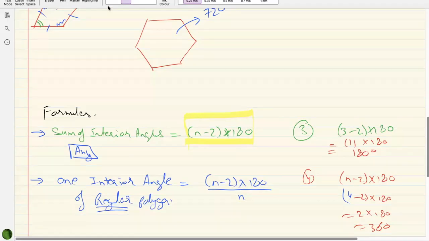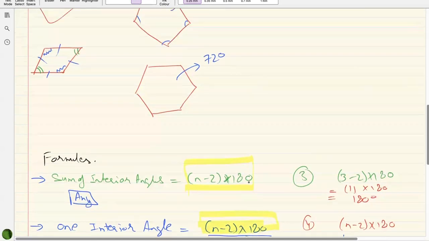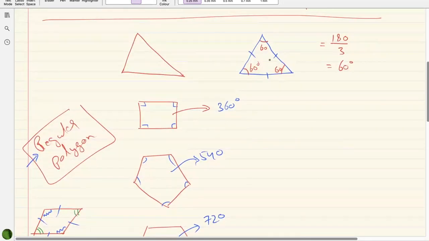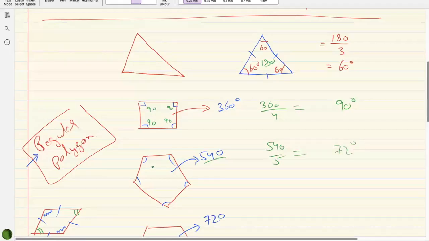In the numerator, we've written n minus 2 times 180, which we know is the sum of all the angles. And if we divide it by number of angles, we would get one of them. So if it was 180, this is 180 by 3. If this was 360 for four-sided, this is 90 each. 90 each in case of square. If this was 540, 540 by 5 gives us 72 each. 108 each.